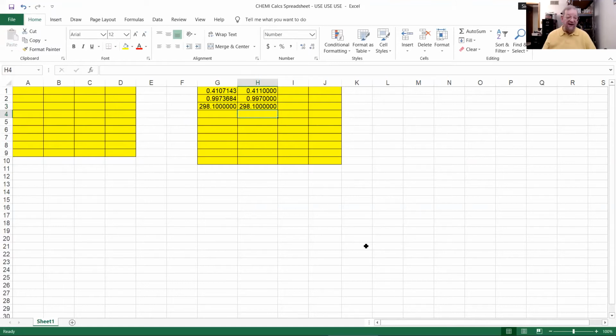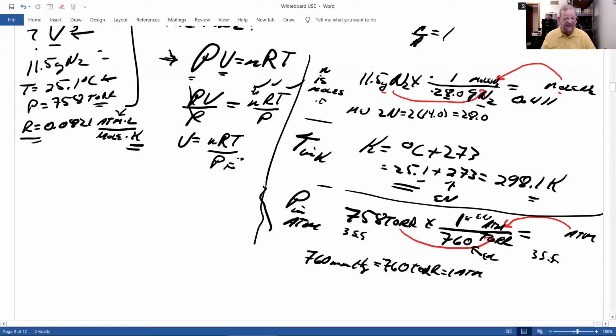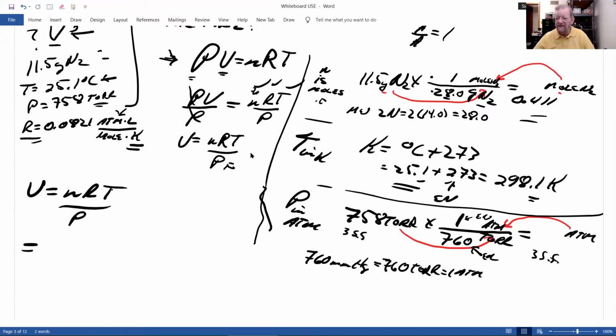And now I have the key variables in my V equals nRT divided by P. So let me write it over here again. What's n? Right here, 0.411 moles of nitrogen.